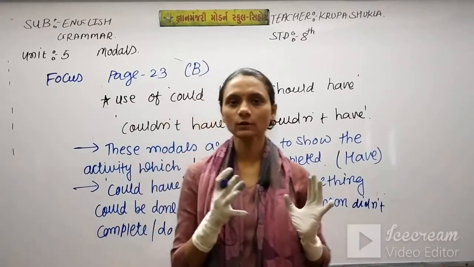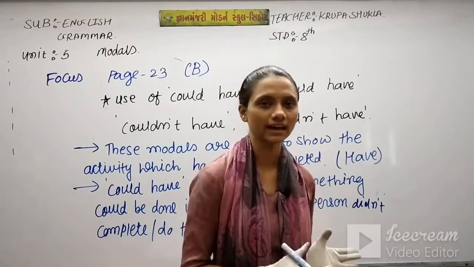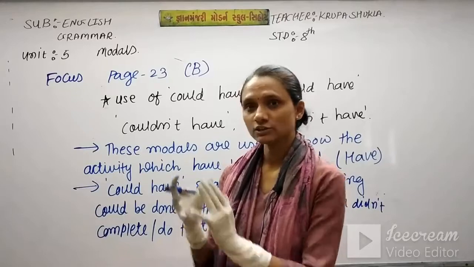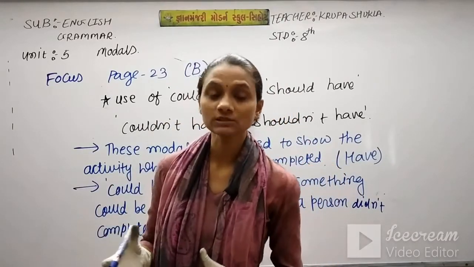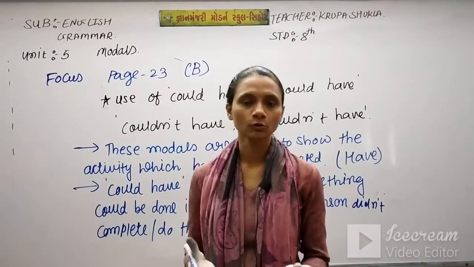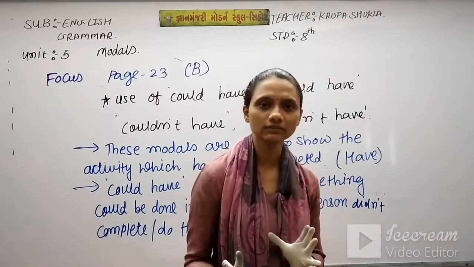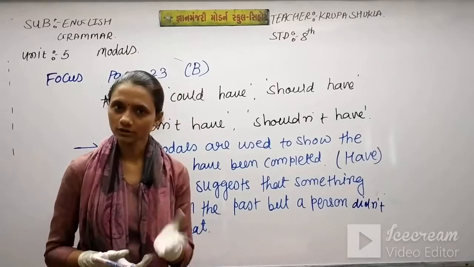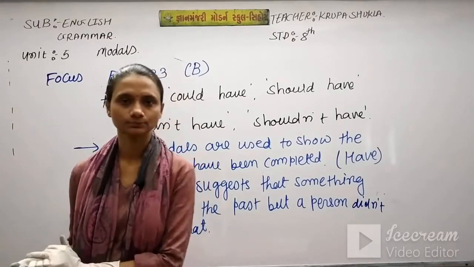These kinds of incidents are described using could have. The activity which could have been done in the past, but wasn't completed, or the person didn't do that, is described using could have or couldn't have. So the past ability, you can say.